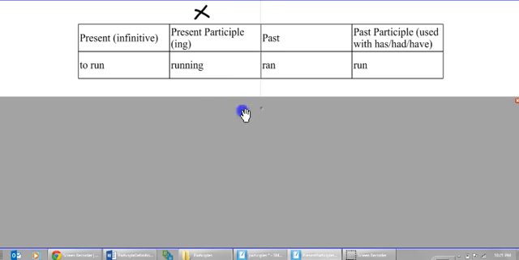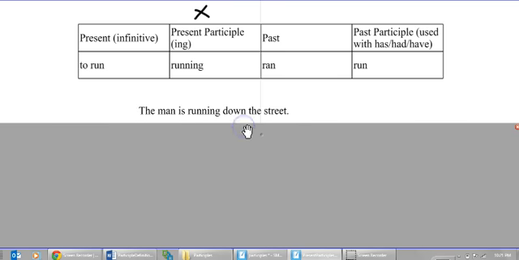All right, so if I pull this down, you'll see the man is running down the street. And if I asked you to label this, you would say something like man. Oh, you'd get rid of the prep phrase. Okay. And you would say something like the man is running, and you would call running the verb. And that's fine. It is a verb. It's a present participle. But notice it has this helper here.